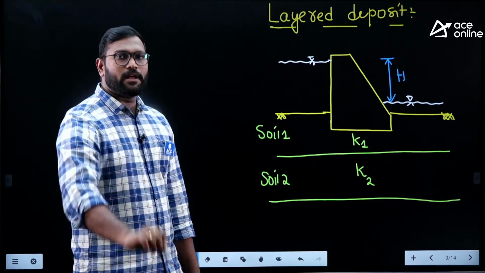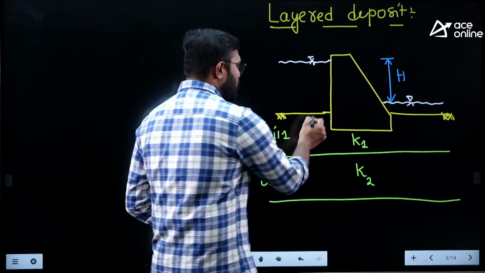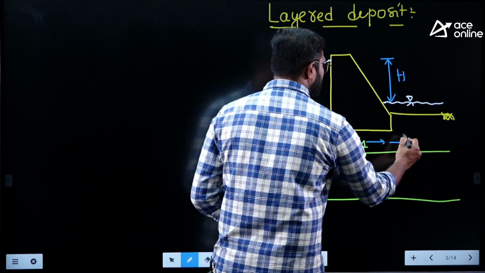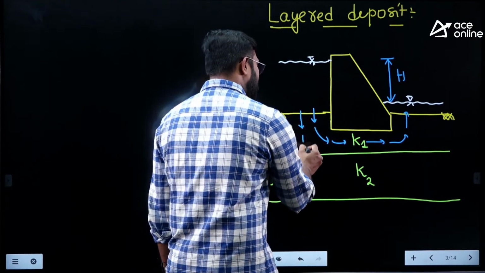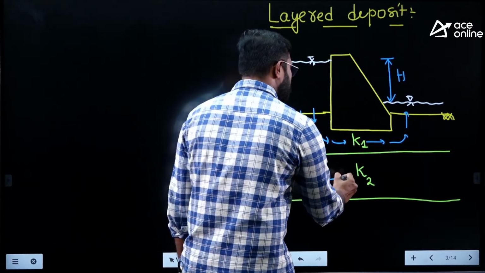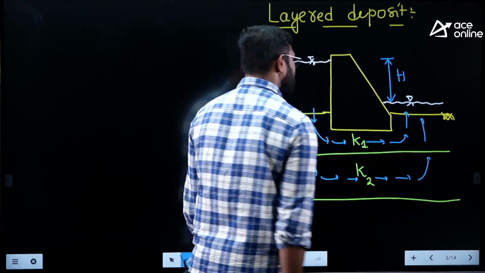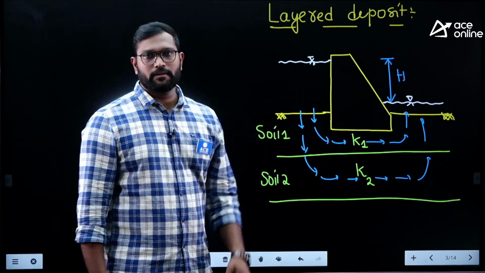As it is laminar flow, it means layer by layer. The flow can happen directly beneath the dam like this, or the flow can pass through the soils and go again into the downstream like this. Likewise, throughout the soil the flow can be happening.